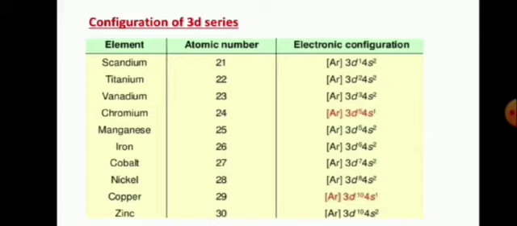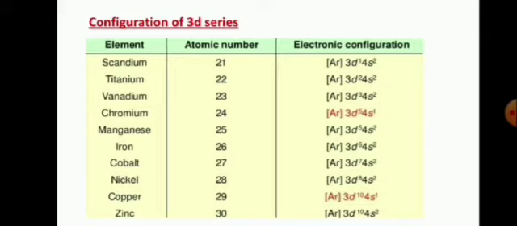There are only two exceptions, which are chromium and copper, which show abnormal electronic configuration. Chromium is 24, so it should be 3d4 4s2, but because of the more stable half-filled orbital, one electron is transferred to 3d from 4s.